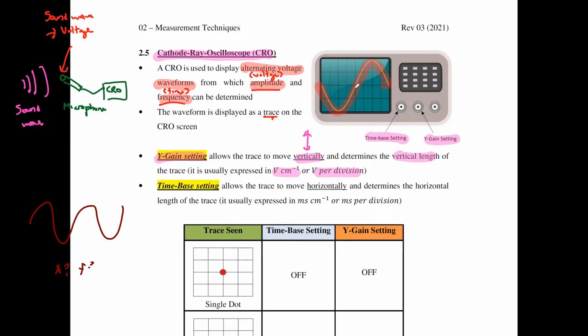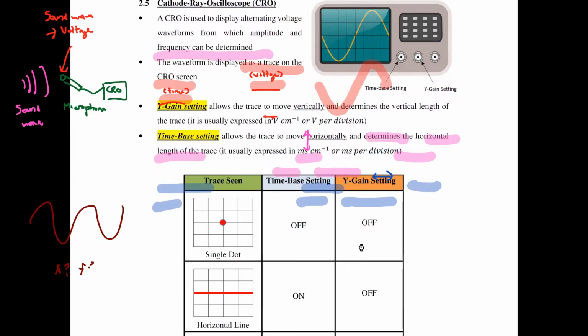On the other hand, your time-based setting allows the trace to move horizontally, and it determines the horizontal length of your trace. It is usually expressed as milliseconds per centimeter or milliseconds per division.